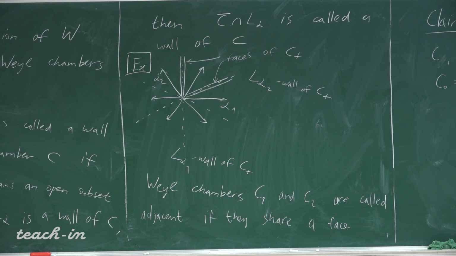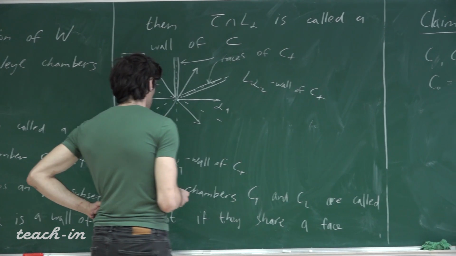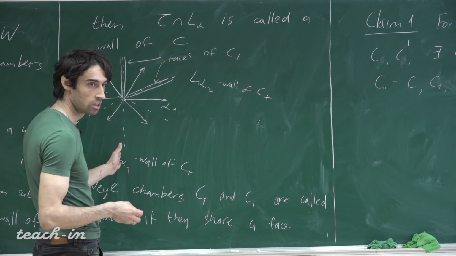Sorry, I think you defined a wall here, and there is a difference. You mean you want to write face? Then something is called a wall of C. Yeah, so the wall is the whole thing.